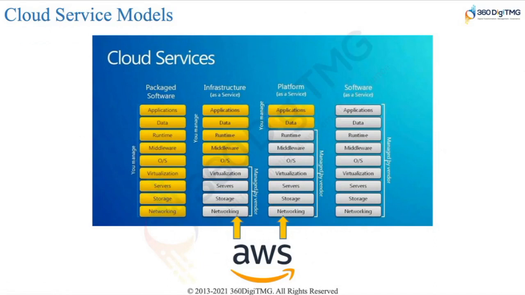If you are developing the applications, then you'll be called a cloud developer. Or if you are a system administrator but on the cloud, for the infrastructure as a service and PaaS services provided by the cloud, then you are a cloud system administrator or cloud DevOps engineer.